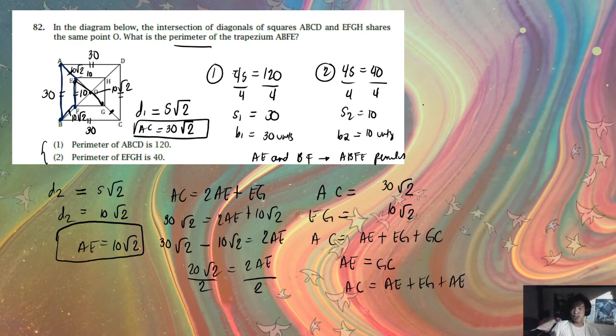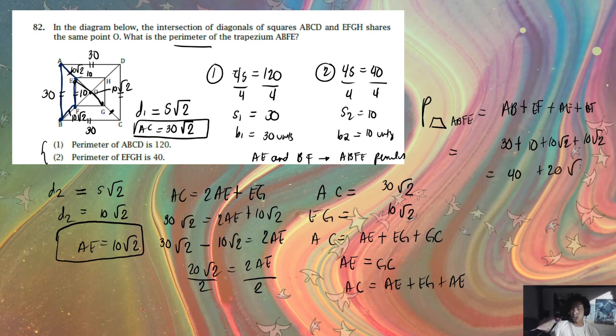So that means the perimeter of trapezoid ABFE is going to be equal to AB plus EF plus AE plus BF. And since we know the value of AB is just equal to 30, EF is just equal to 10, and AE is equal to 10 square root of 2, and BF is also the same. So let's compute. So this is going to give us 40 plus 20 square root of 2.